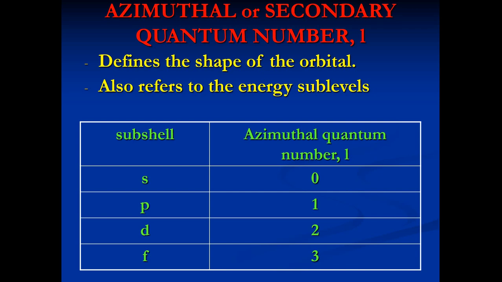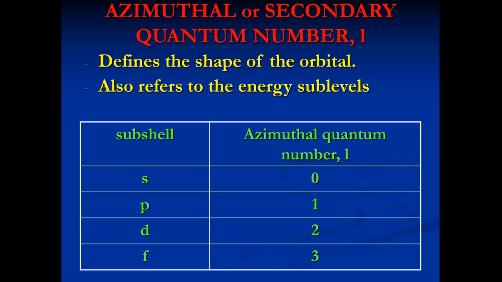For example, if you ask for the principal quantum number of the 10th electron, the 10th electron falls under 2p6. So since your energy level there is 2, it means that your n is equal to 2 because your 10th electron is at 2p6.